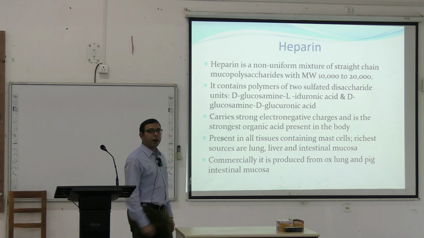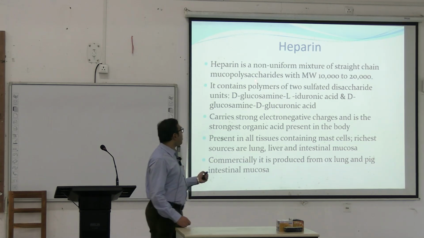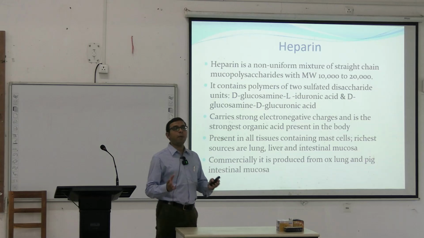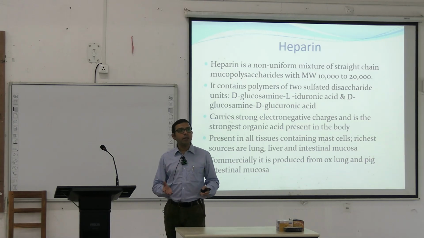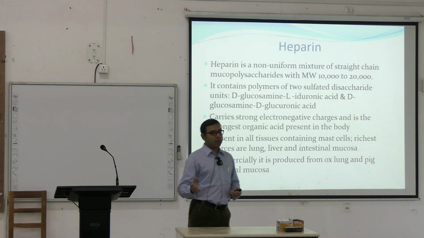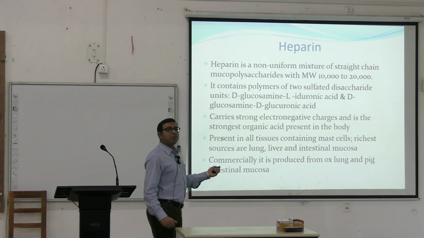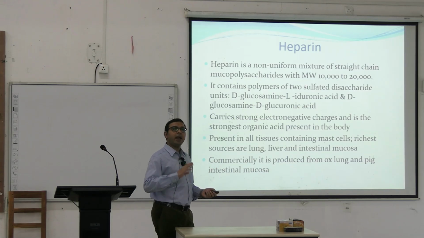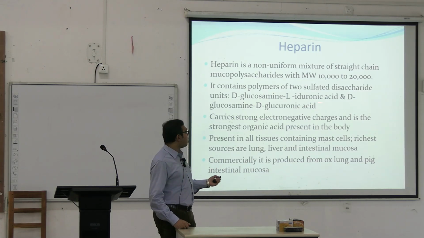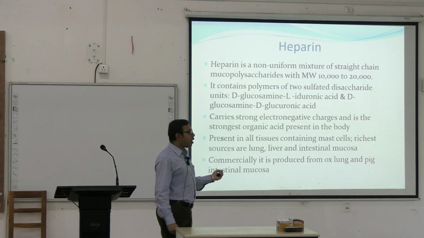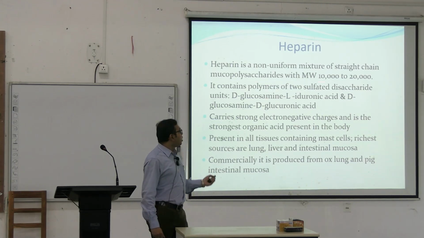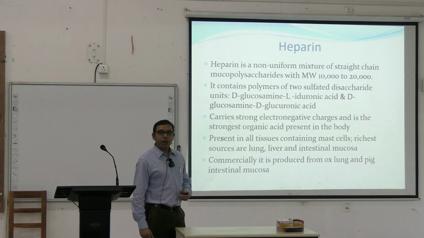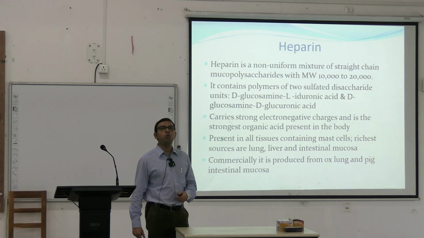First, starting with heparin. Now this heparin is basically a non-uniform or heterogeneous mixture of mucopolysaccharides. The molecular weight is very large, varying from 10,000 to 20,000 Dalton. It basically contains polymers of two sulfated disaccharide units, D-glucosamine L-iduronic acid and D-glucosamine D-glucuronic acid.